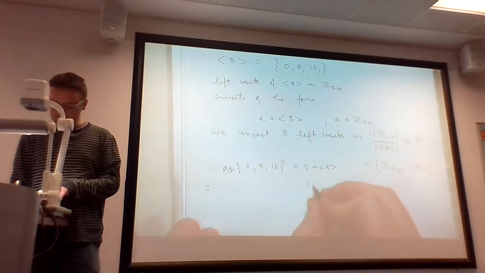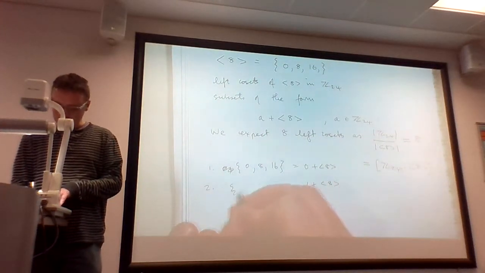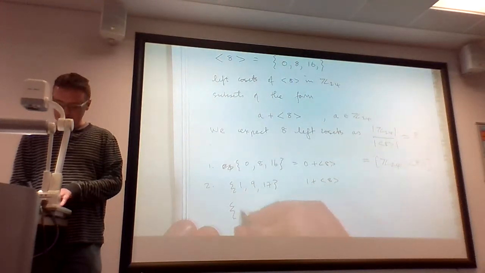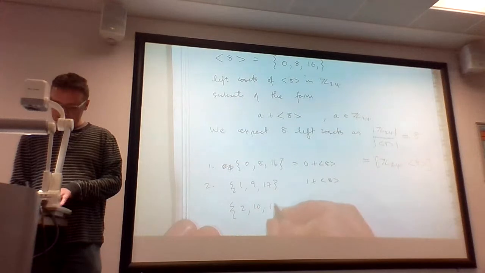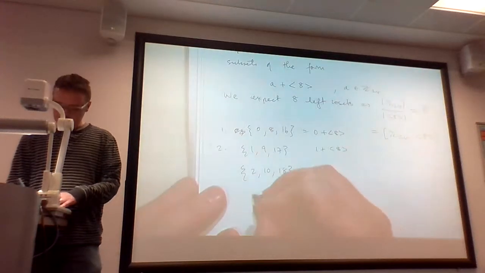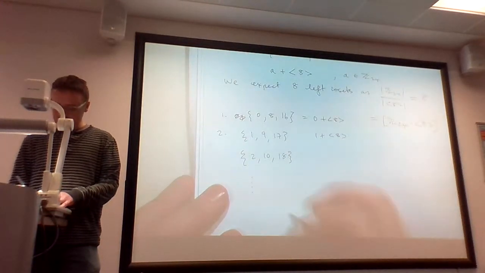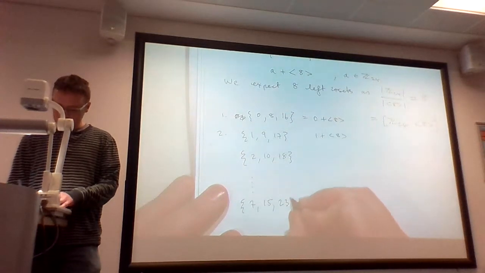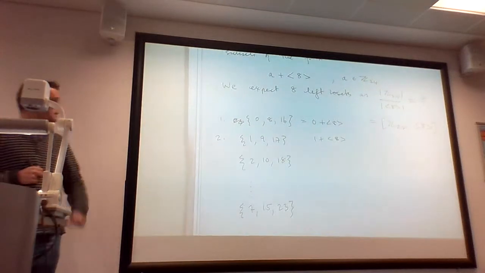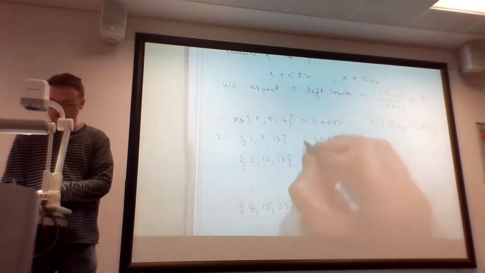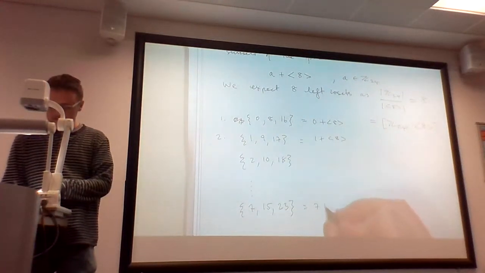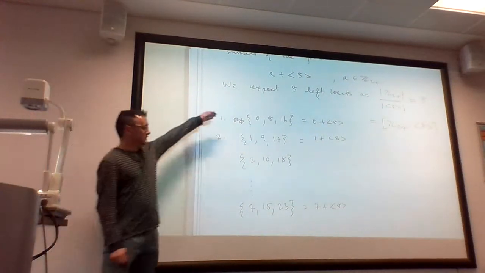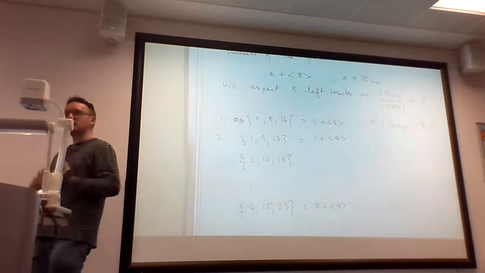So of course you can have 1 plus the subgroup, shifting everything by 1, shifting everything by 2. You get the idea, until we shift everything by 7. So we have these 8 different cosets, and there aren't any more.